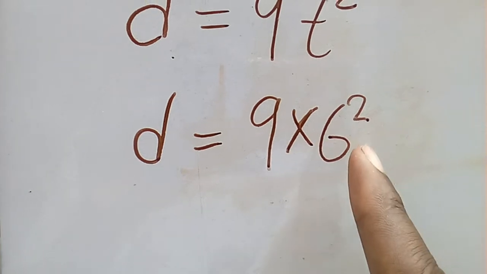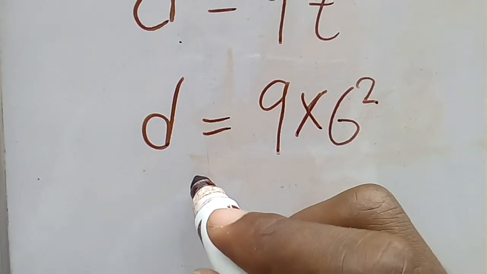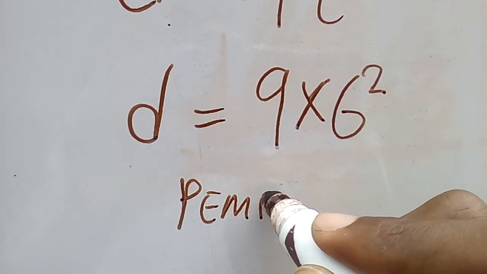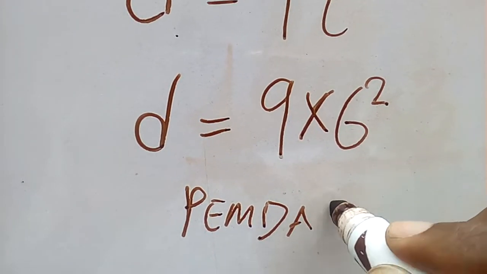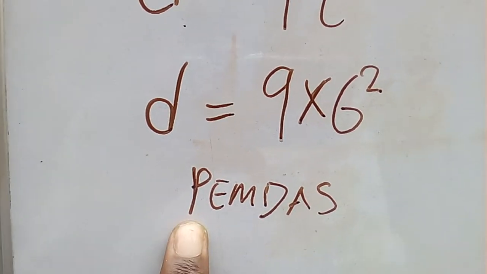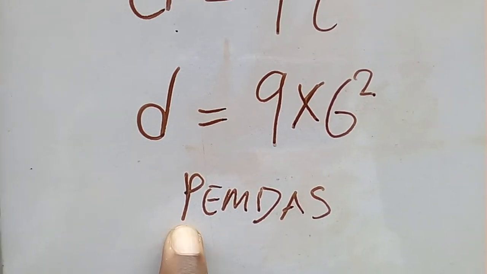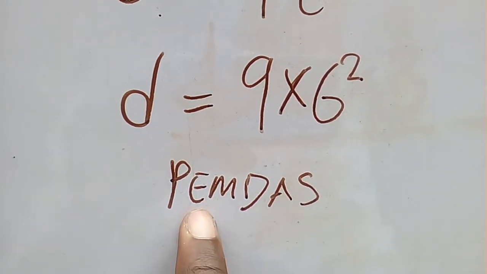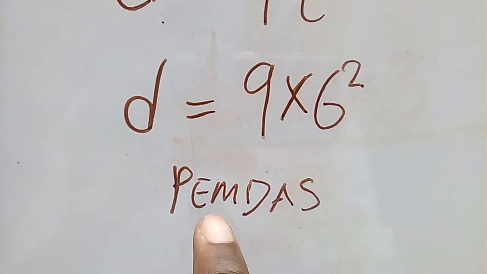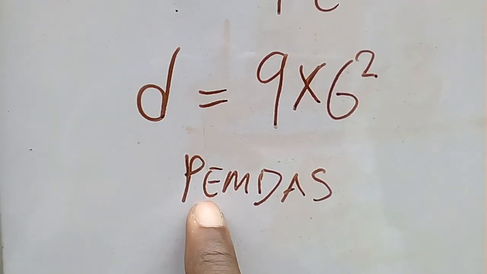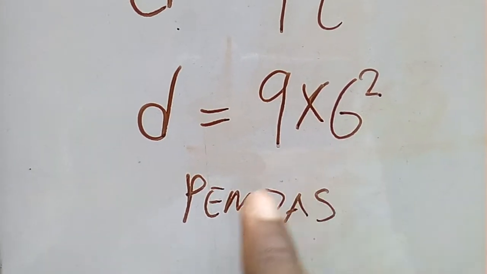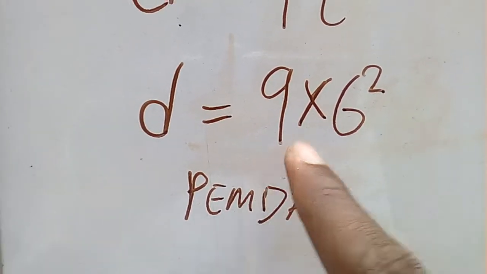Remember, we're using the popular PEMDAS. PEMDAS says parentheses first. There are no parentheses here. Exponentiation, that's the power, and then multiplication comes after exponentiation. So following this order, we have 36 times 9.